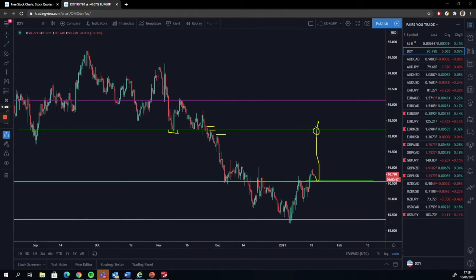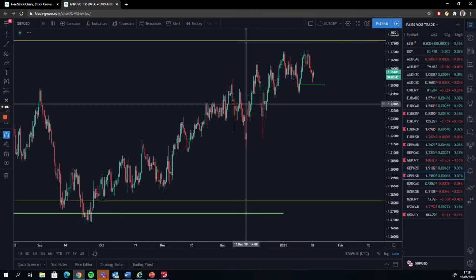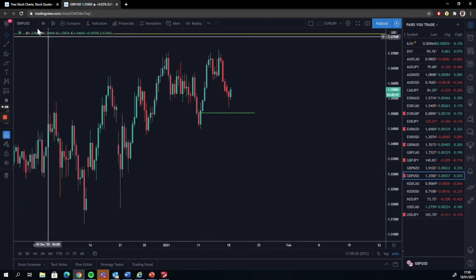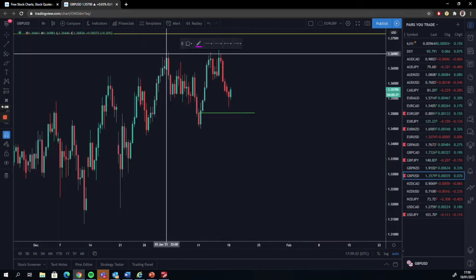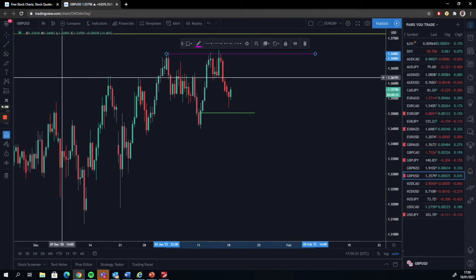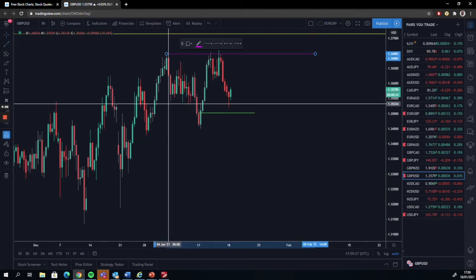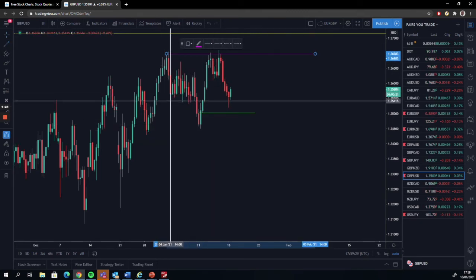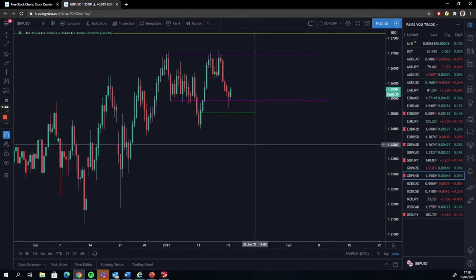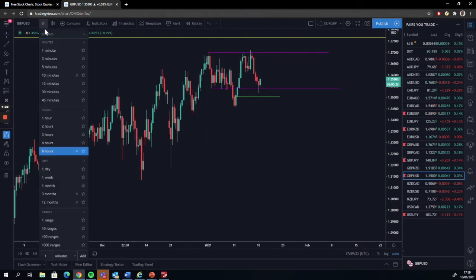So what does that actually mean for GBP USD? If we go into GBP USD, we've got the range at play here. This is the range for the pair.